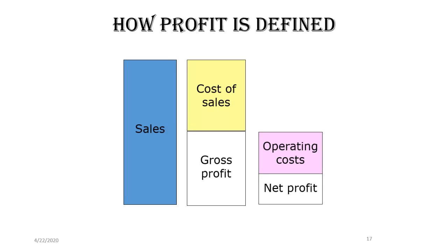It could be for 1 month, it could be for a quarter, it could be for a whole year. But that block of blue is your total sales, your total turnover for a particular period. The one in light yellow is cost of sales. That is what it entails, what you have put together, what it costs you to produce that particular product.